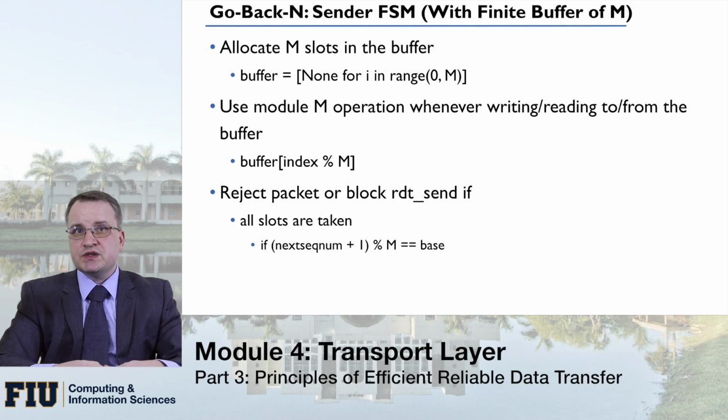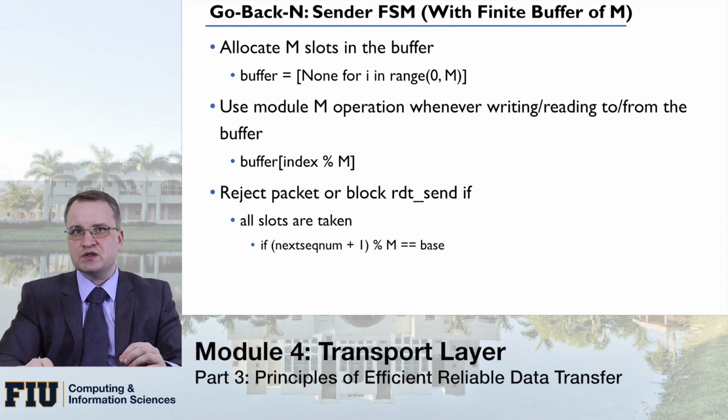Simply by using this modular operation modulo m, you can easily deal with this limited buffer, because as soon as your window wraps around, you're going to be operating on the new sequence numbers. In this example, I'm not showing you how to wrap around the sequence numbers, but the logic would be approximately the same.